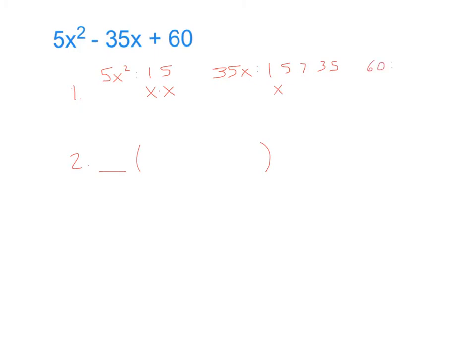I'm going to kind of run out of space here, but 1 times 60, 2 times 30, 3 times 20. It is also divisible by 4, 4 times 15. It's also divisible by 5, and that's 5 times 12.